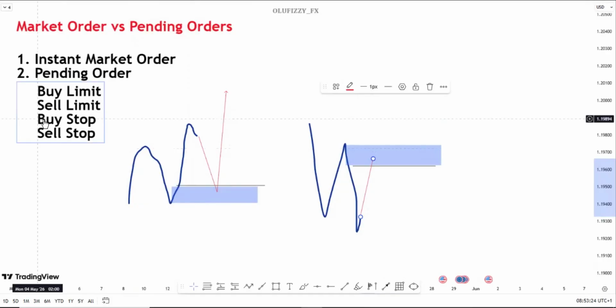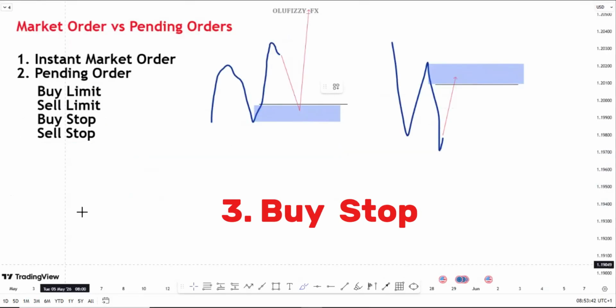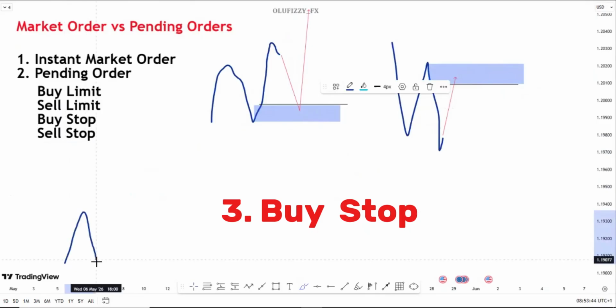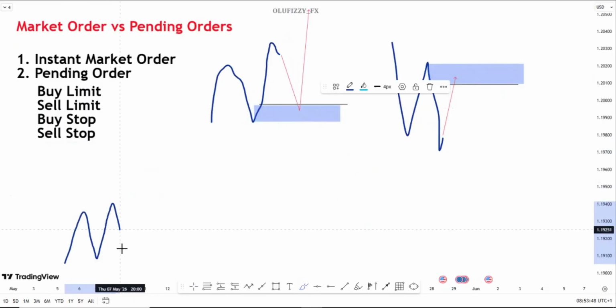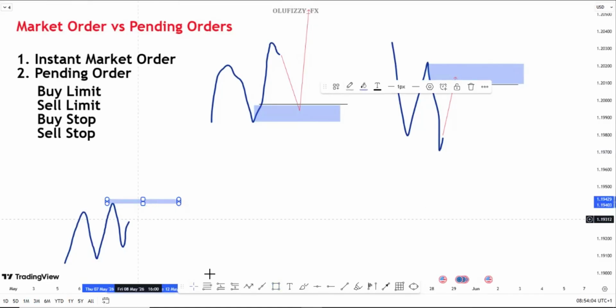Buy stop is majorly used when you expect price to continue to the upside. So let's say, for instance, we have a structure like this, but you don't want to buy at this particular place. You want price to break this zone before you buy.